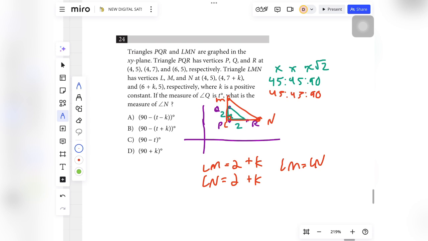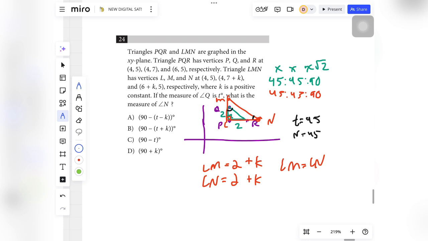In this case, these are going to have 45 and 45 degree angles too, which means angle M and angle N are both 45, just like angle Q and R. Angle T is going to be 45, therefore, which means the measure of angle N is going to be 90 minus 45, which is also 45 degrees.